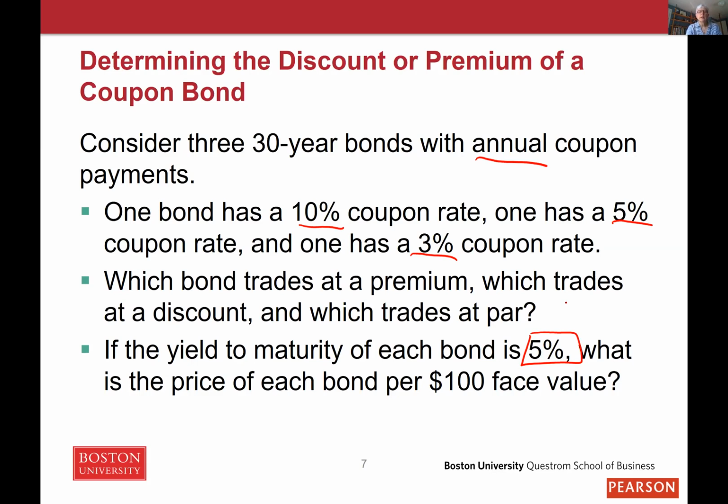So the first thing we're going to do is use the chat box to go through the 3 bonds in this middle bullet. Which coupon is going to trade at a premium? Type that into the chat box.